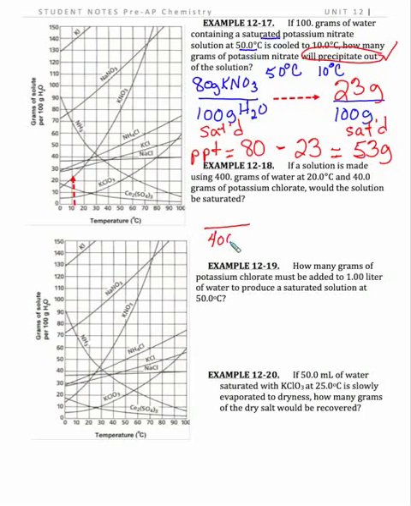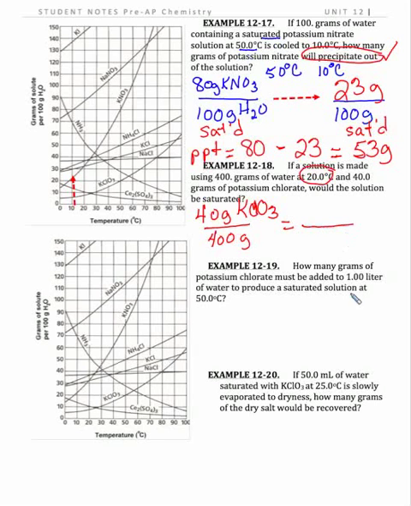I have a solution in 400 grams of water, and I've dissolved 40 grams of KClO3. And the question is, whoops, I forgot my L there, sorry. The question is, is it saturated? Would the solution be saturated at 20 degrees?